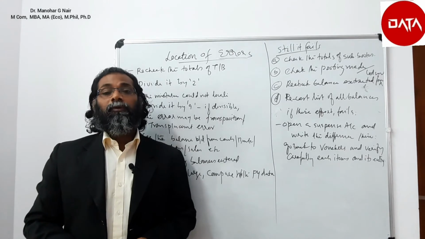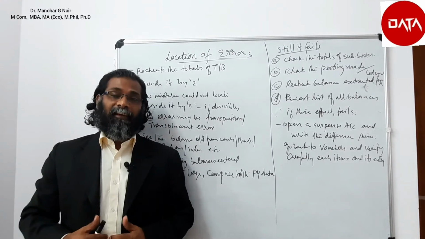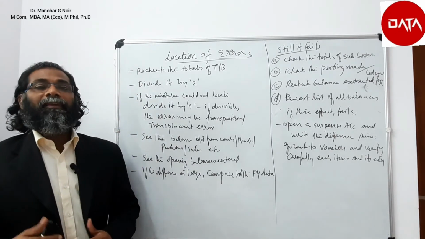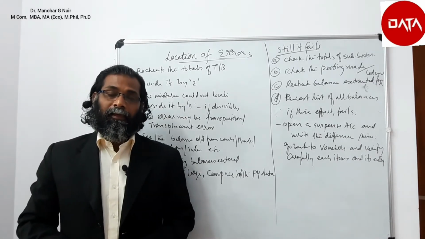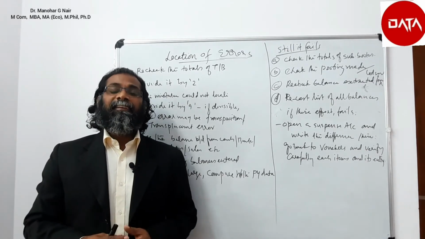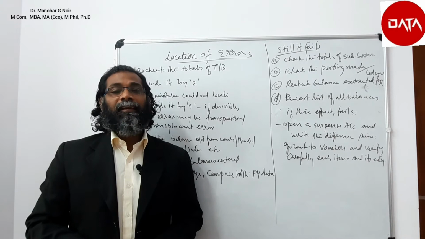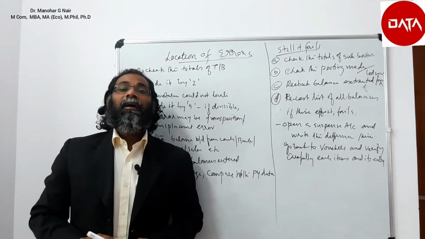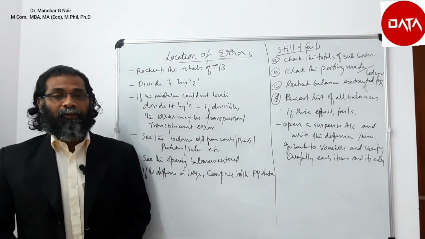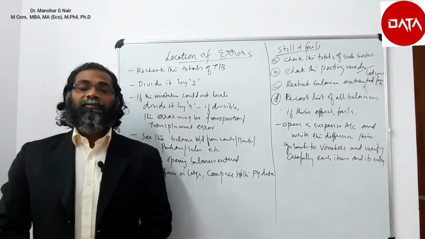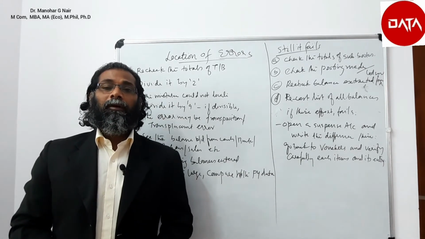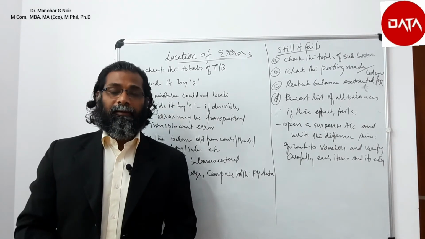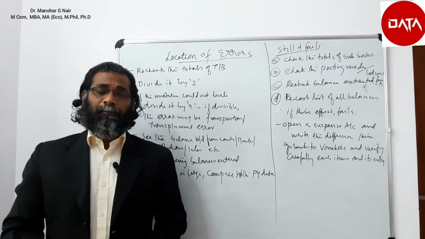If we have found a mistake or a disagreement in the trial balance, and it is easily traceable, well and good, we can rectify it. But if it is not so easy to locate, we have to take some steps for locating the errors. So what are the major steps?